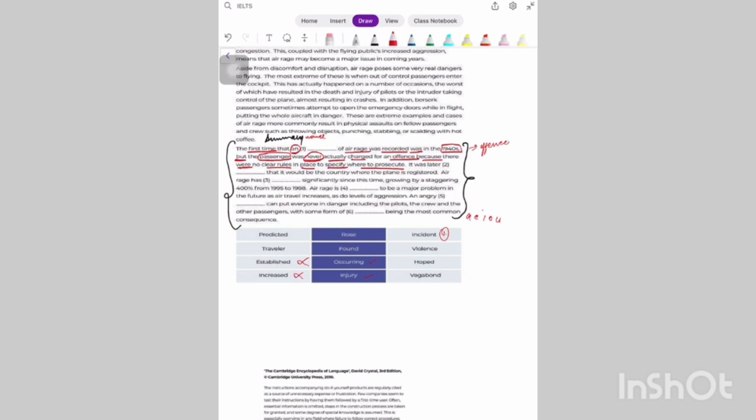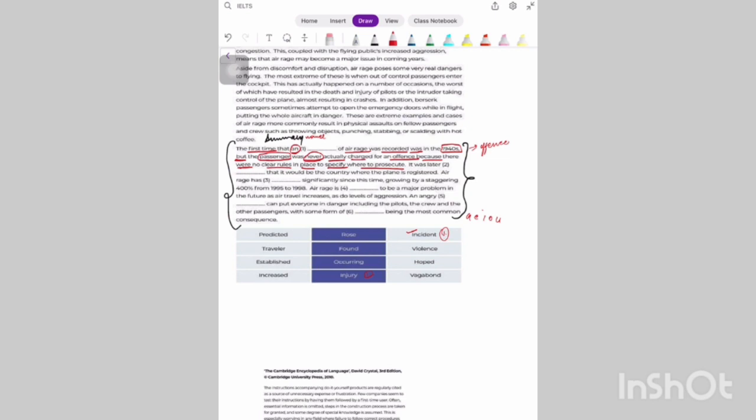The first time that an occurring of air rage doesn't make sense. The first time that an injury of air rage was recorded was in the 1940s. This could also be a correct answer I could guess. So my thinking is between these two, but I find this more appropriate. For now, we'll obviously read the text also, so no need to worry. Moving on. It was later dash that it would be the country where the plane is registered.